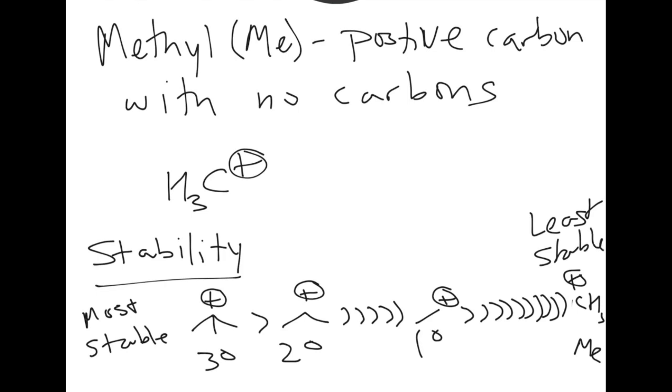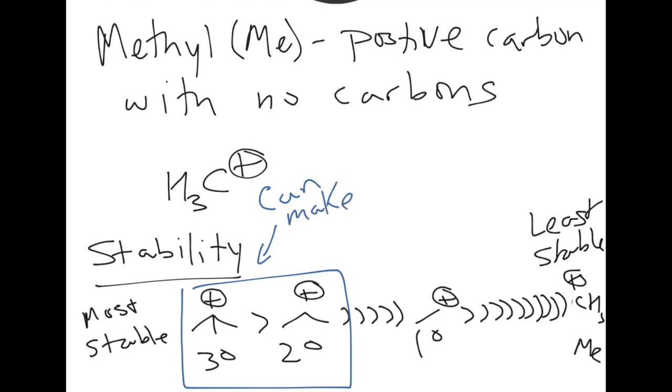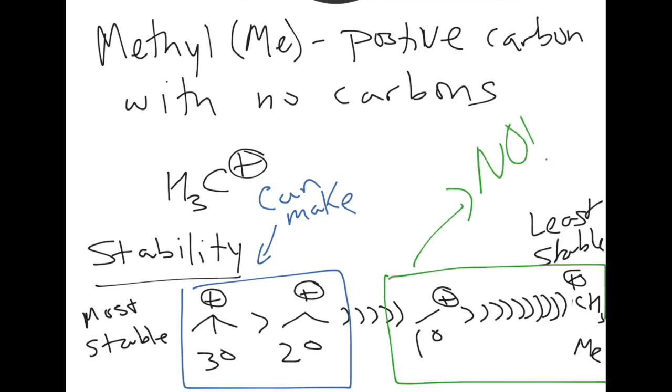As a general rule, you are allowed to make tertiary and secondary carbocations. You can make these. Primary and methyl? No, we don't make those.